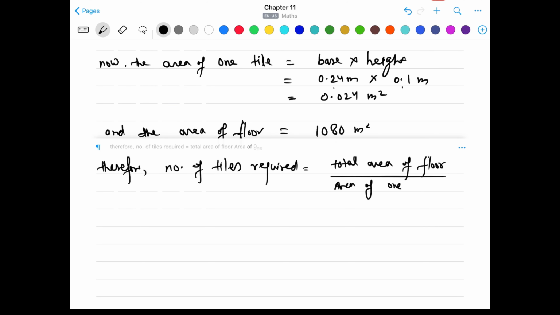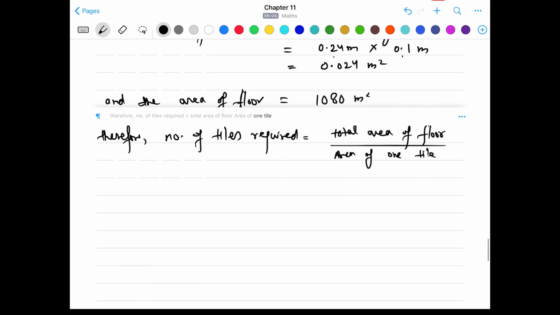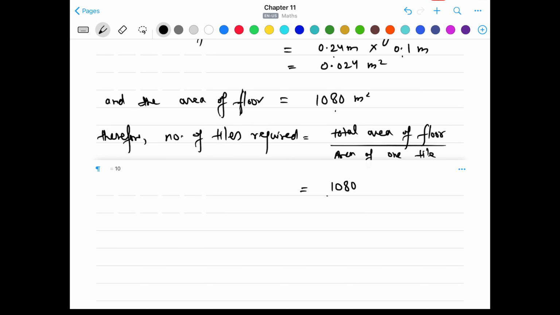Area of one tile, that is, we have 1080 meter square divided by 0.024. If we remove this decimal, we'll get 1000 here.